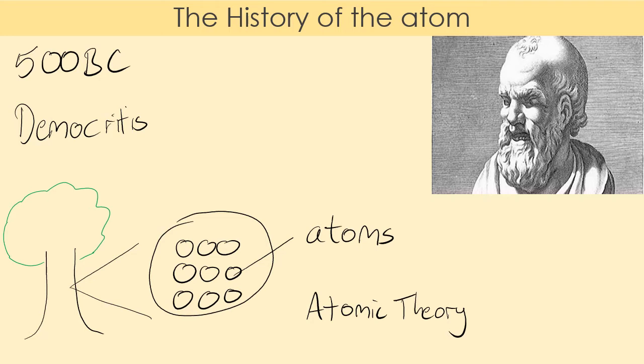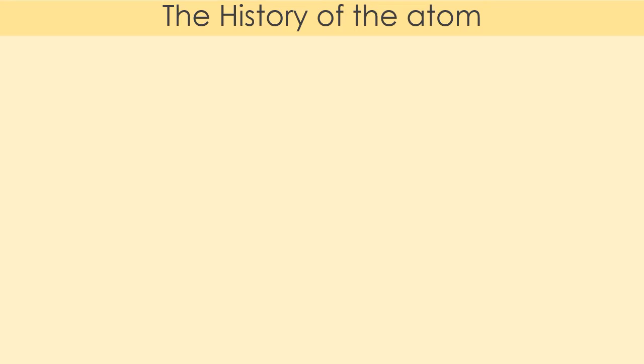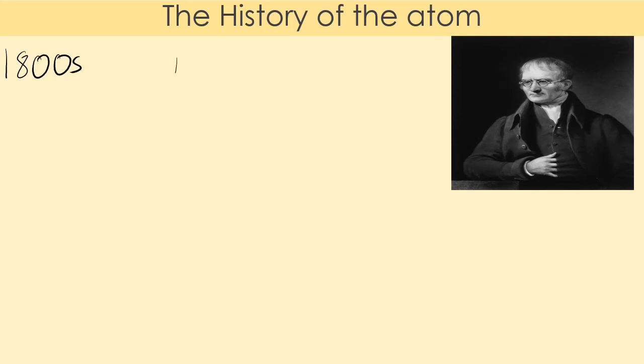We're now going to go forward about 2,500 years into the 1800s, where we have this lovely chap here called John Dalton. And John Dalton was the first person to build on Democritus's ideas that all particles are made of atoms, and we still have these nice spherical balls, which we like drawing because they're nice and easy to draw.